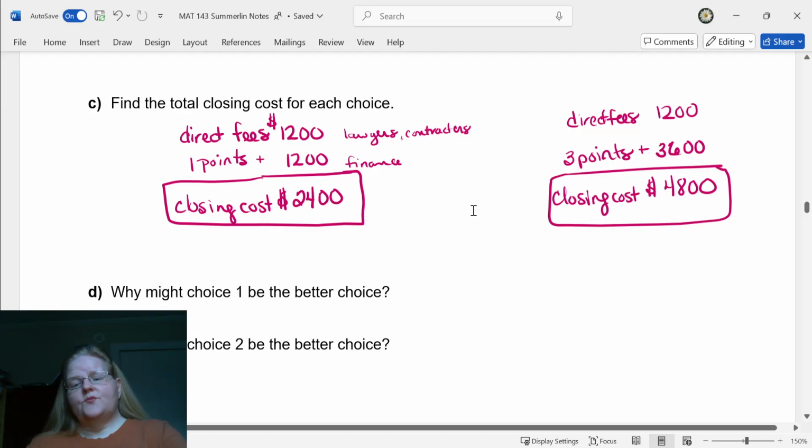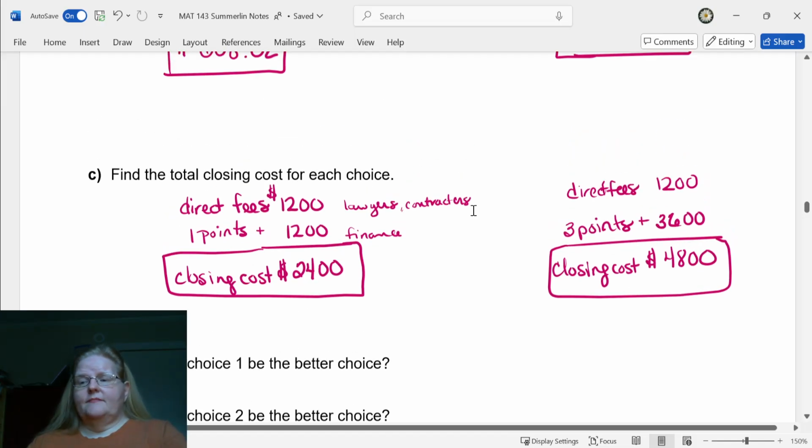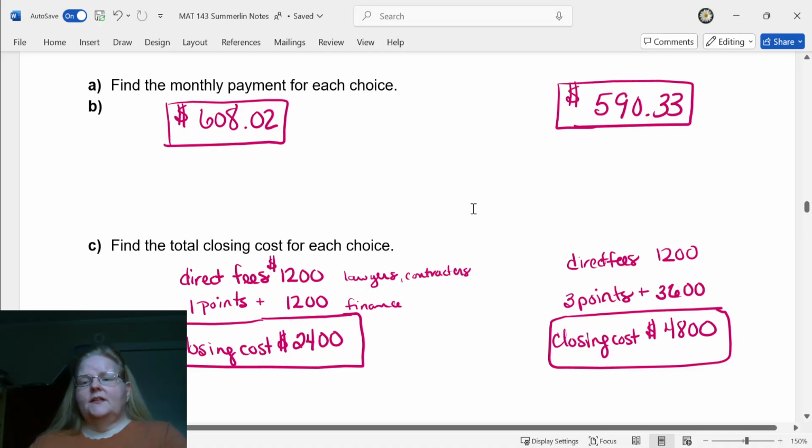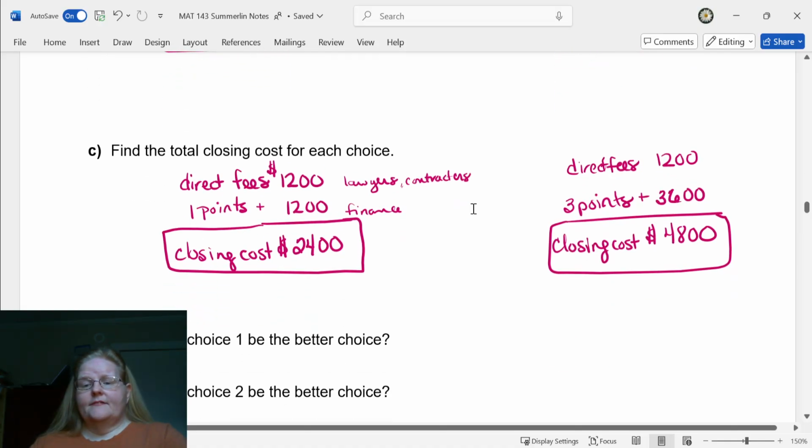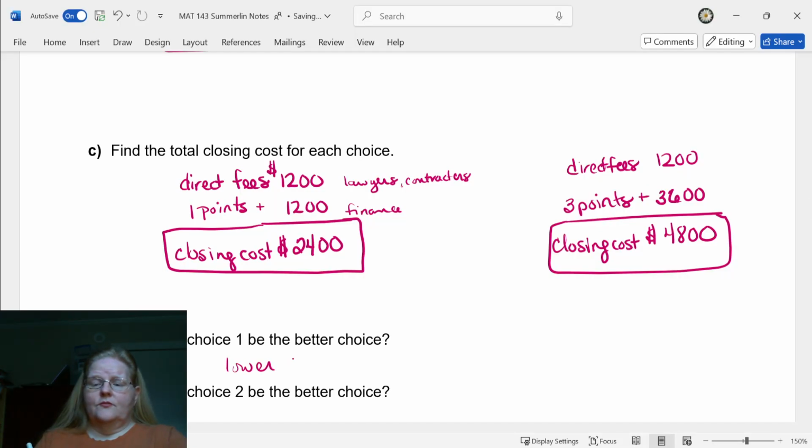Why might choice 1 be the better choice? What's the thinking? Choice 1 has lower closing costs. Cheaper up front.